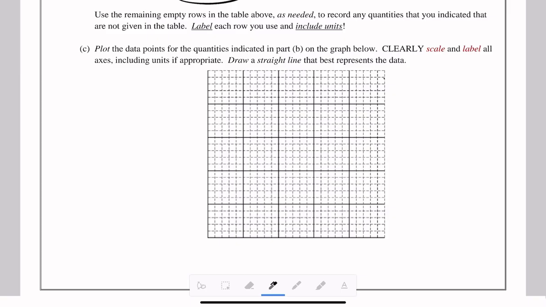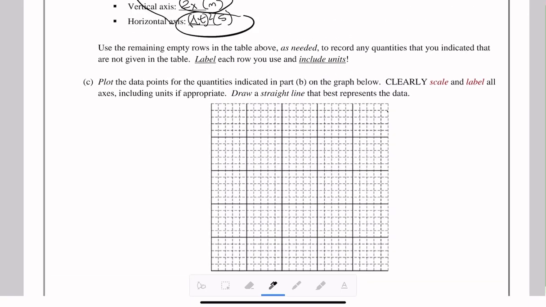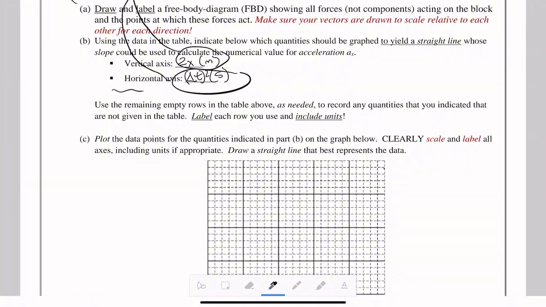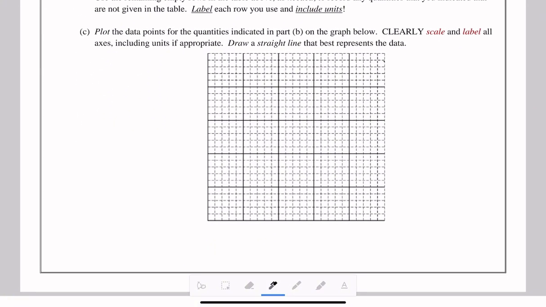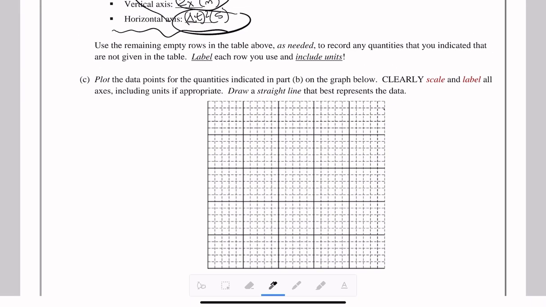We're asked to plot the quantities, so since we decided that the horizontal axis would be delta t squared, I'm going to label it as that in seconds squared. And the vertical axis is 2x in meters.